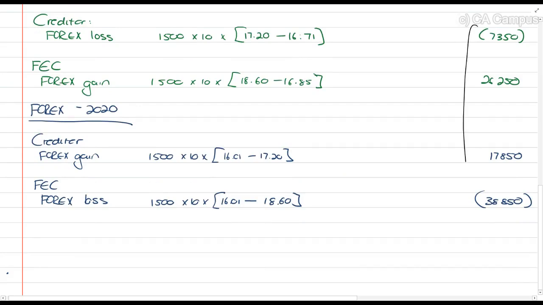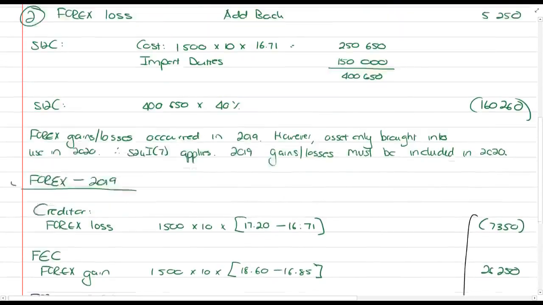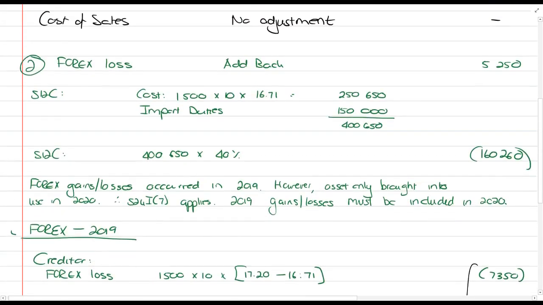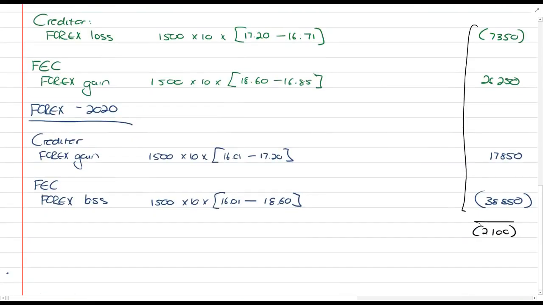So if I add up all of these things, I get minus 2,100. Okay, you can check that. If I then see what I originally thought I would pay on transaction date, it was that 250,650. Guys, this is the cost on transaction.